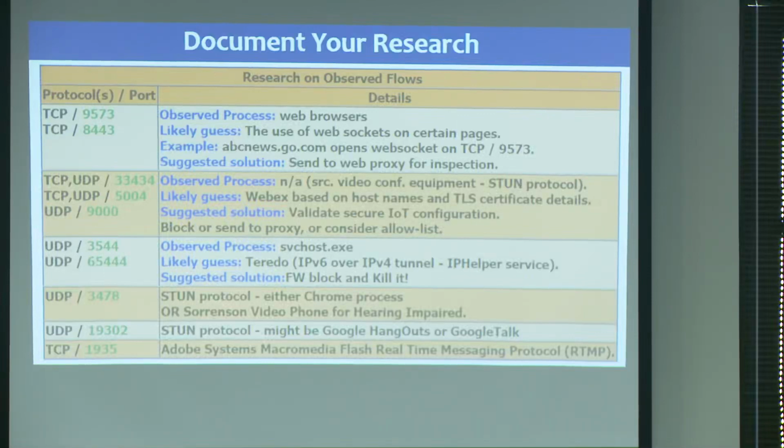So when you visit like the go.com domain for ABC and affiliates like ESPN and everything else, you may connect through a web proxy on port 443, but then there is a WebSocket channel open on port 8443, and that's quite chatty. Now, does your web proxy understand that? Is it going through it? Do you have any visibility? Because you have one connection that's maybe filtered and inspected, and the other one, who knows?